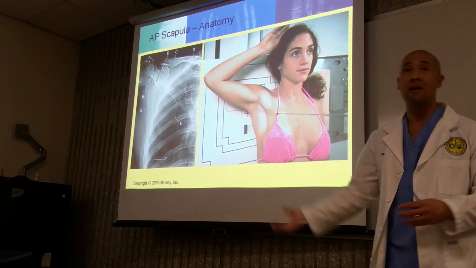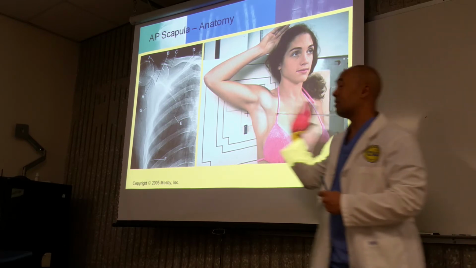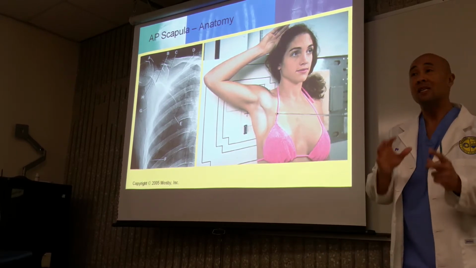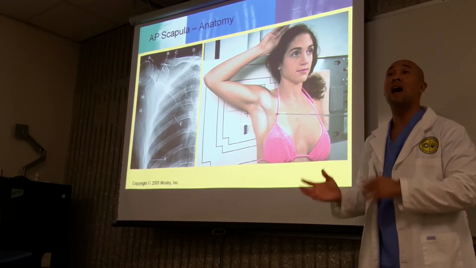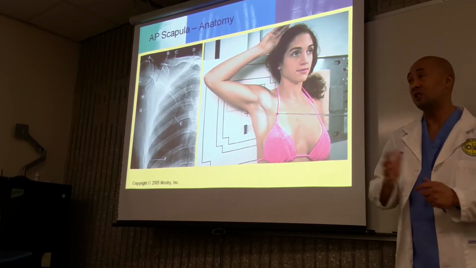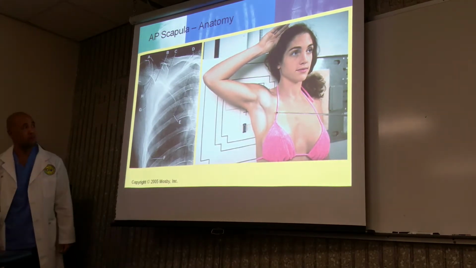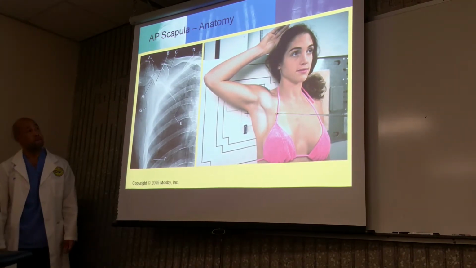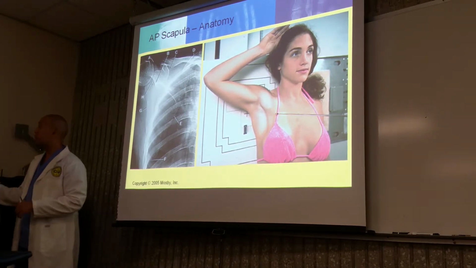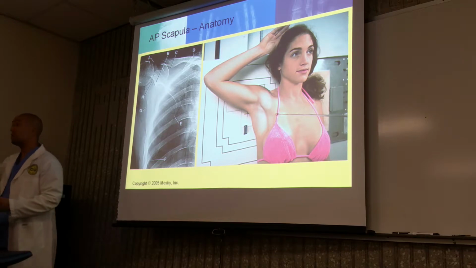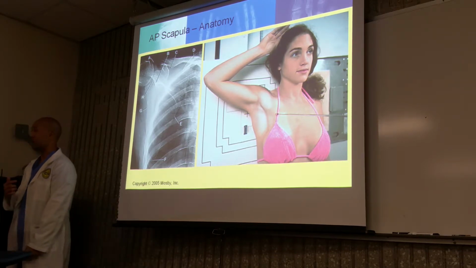So what they do here is extend the arm out to pull the scapula laterally. It doesn't completely leave the lung field, but it gets most of it out so you get better visualization in an AP projection. Wait, so you're saying if something is less dense, it's harder to penetrate? No, I'm not saying that. Something that's less dense like your lung, x-rays go right through it and interact with the image receptor, increasing the density of your image.